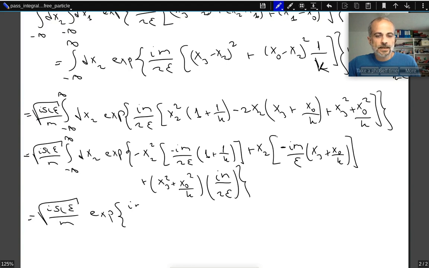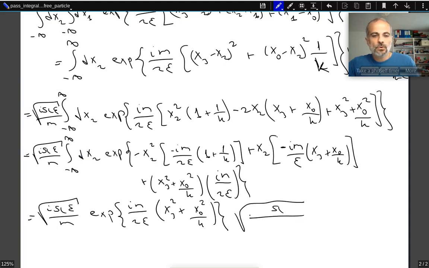Exponent of i m over 2 epsilon, x3 squared plus x0 squared over k. Now the result of this x2 integral is a square root of pi over the coefficient of minus x2 squared, which is minus i m over 2 epsilon, times k plus 1 over k.